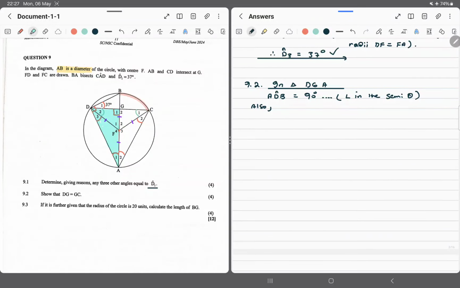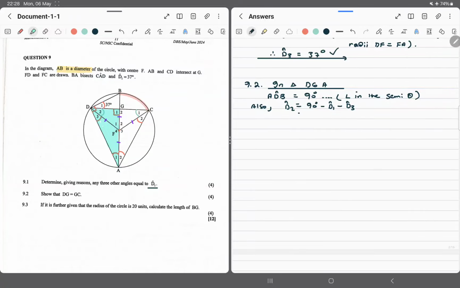Also that, can you see sometimes talking and carelessly writing? So we know here that, guys, D2 is going to be 90 degrees minus D1 minus D3.